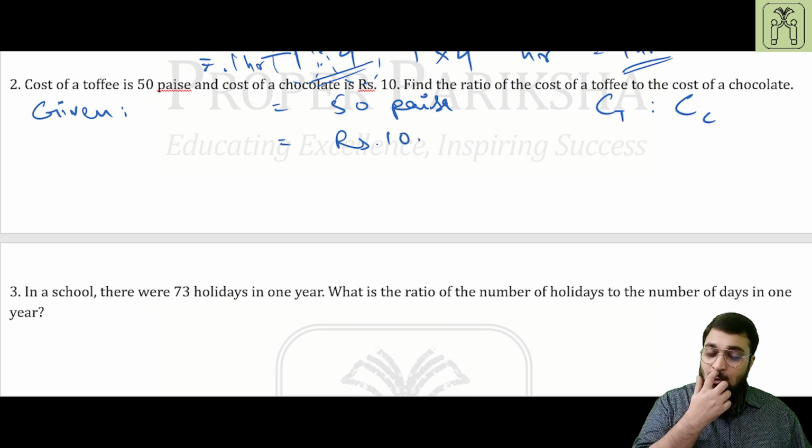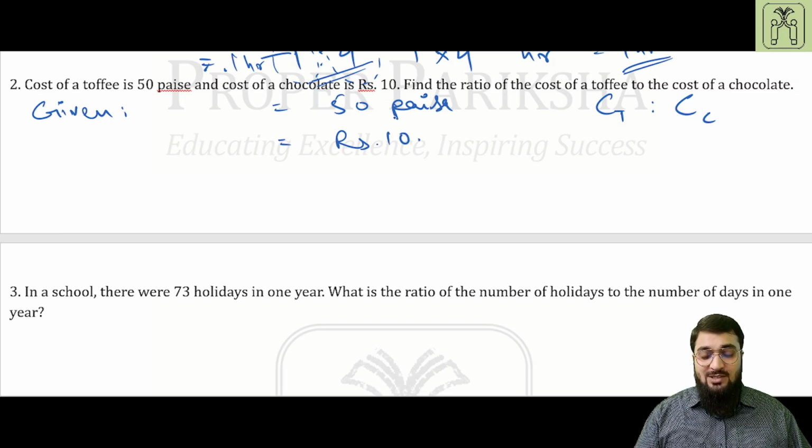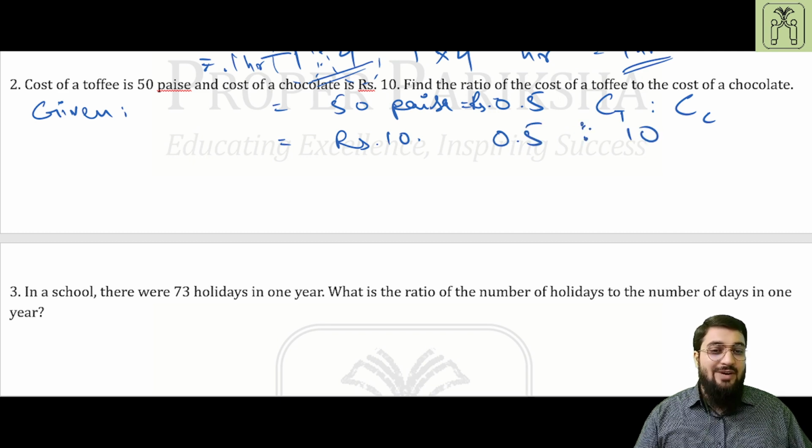So we'll convert both of them, or we'll convert either of them. Either we will convert 10 into paisa or we will convert 50 paisa into rupees. So we will convert 50 paisa into rupees and that will be written as 0.5 rupees. After that, we'll just put it over here and we see the answer will be 0.5 is to 10. For dividing it much more easily, you can just multiply both sides by 10 and the decimal will shift, and this will become 5 is to 100.